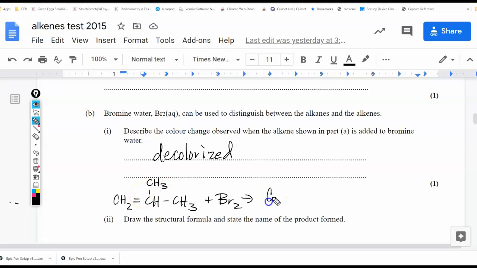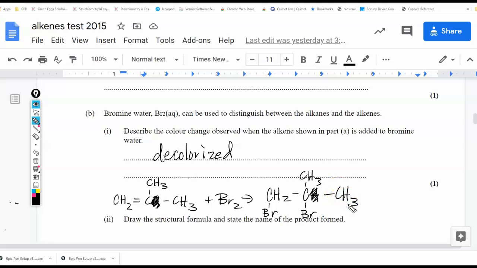So we're going to end up with CH2 with a Br attached here, single bonded to a C with a Br attached here. So there's no H here. I'm so sorry. No H here. And then we have a CH3 here and a CH3 here.